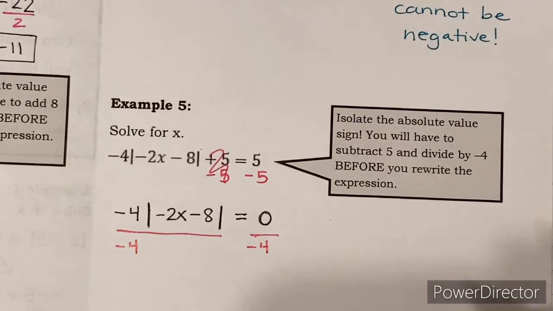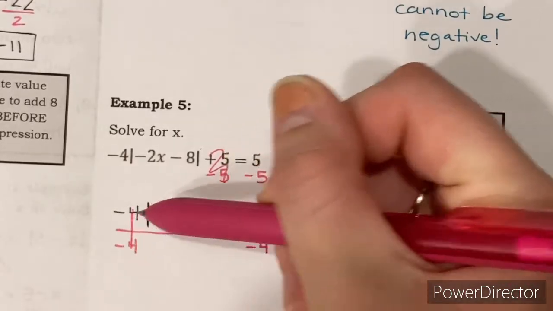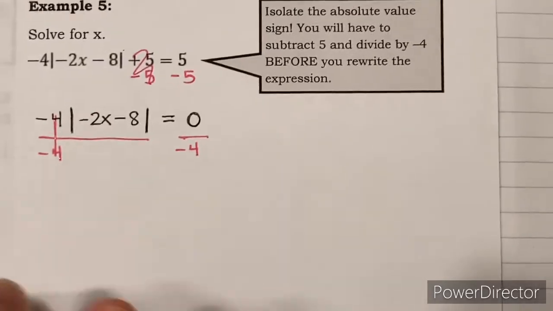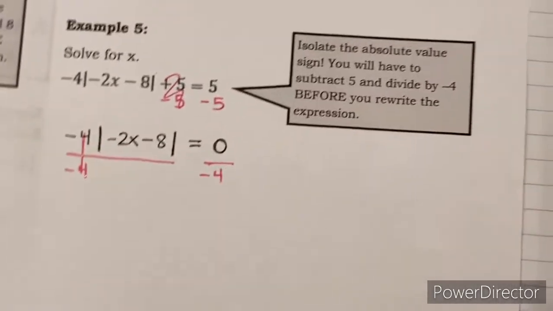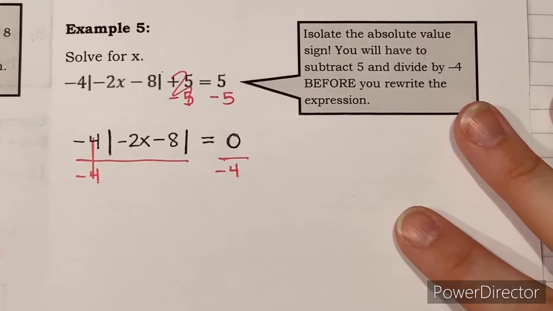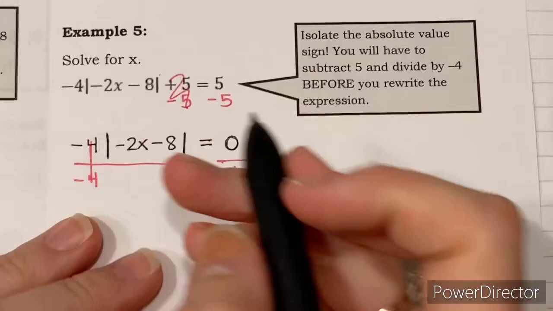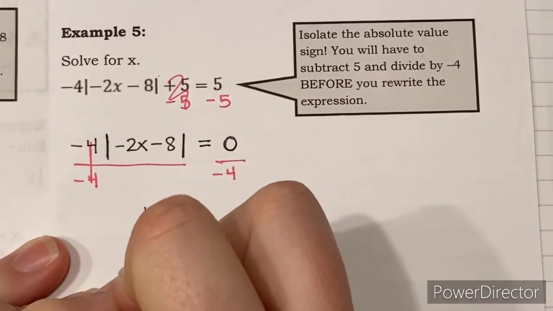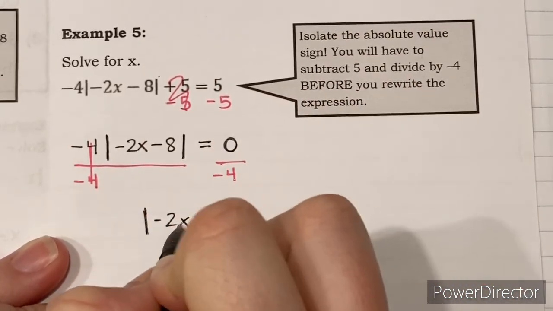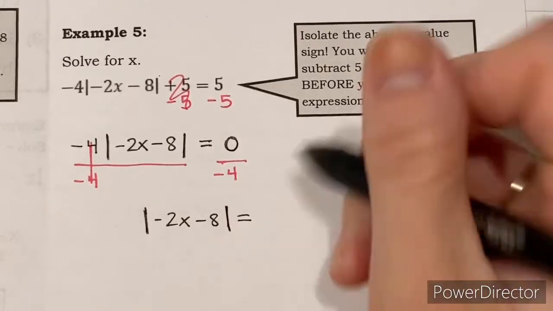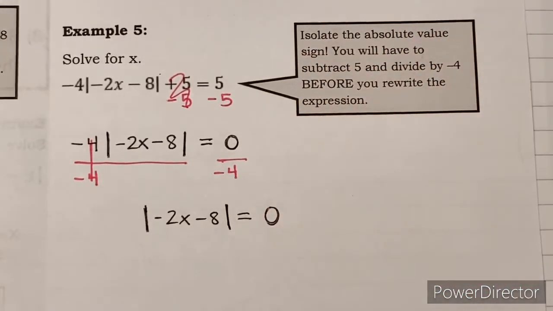These -4s are going to become a 1, so we're not going to actually see them. Okay, so now that those -4s are gone, I'm going to bring down my absolute value, because remember, I haven't done anything to it yet. And then 0 divided by any number is just going to be 0. Okay?